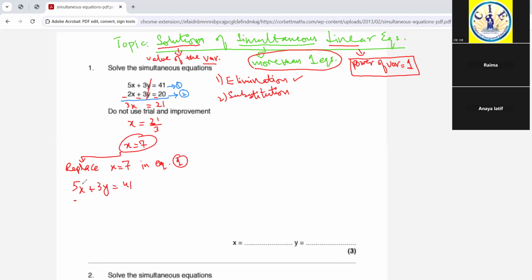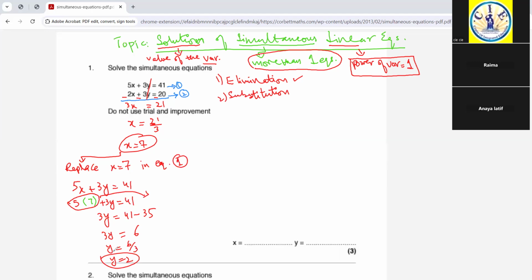That means 5 times 7 plus 3y is equal to 41. 41 minus 35, because 5 7s are 35. When we shift this to this side, that will get subtracted. So the value of y is 2 and the value of x is 7.